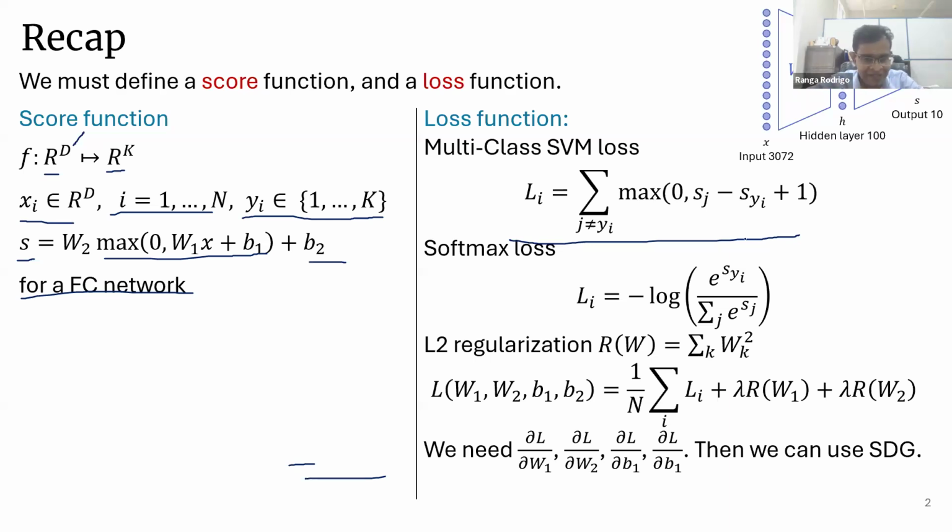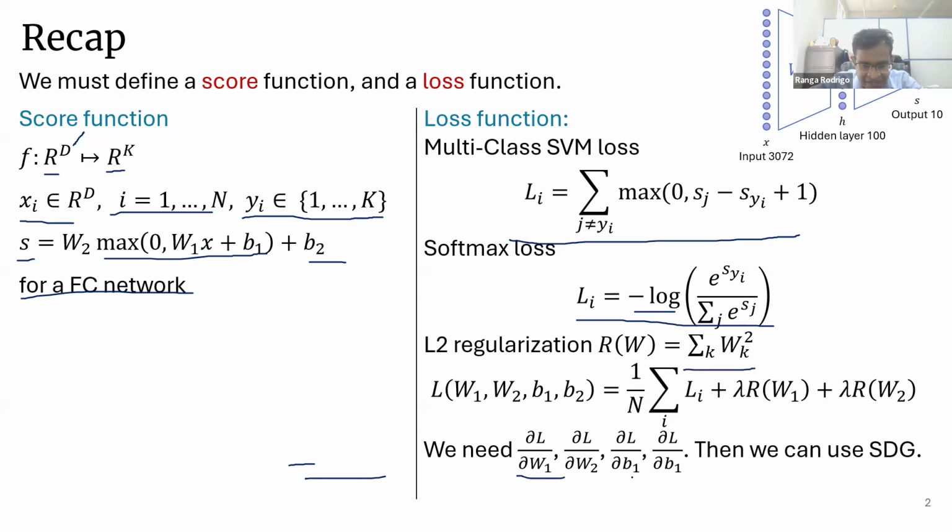Things like that. Then softmax loss is like that. You raise e to the power and divide by e to the powers across all the classes. So it is like a probability distribution, and then you take the minus log. This also we did. And then some regularization kind of terms are there.